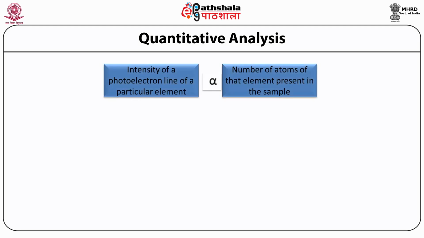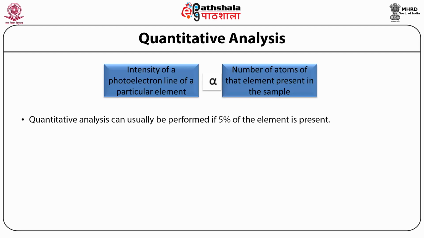The intensity of a photoelectron line of a particular element is directly proportional to the number of atoms of that element present in the sample. Quantitative analysis can usually be performed if 5% of the element is present.